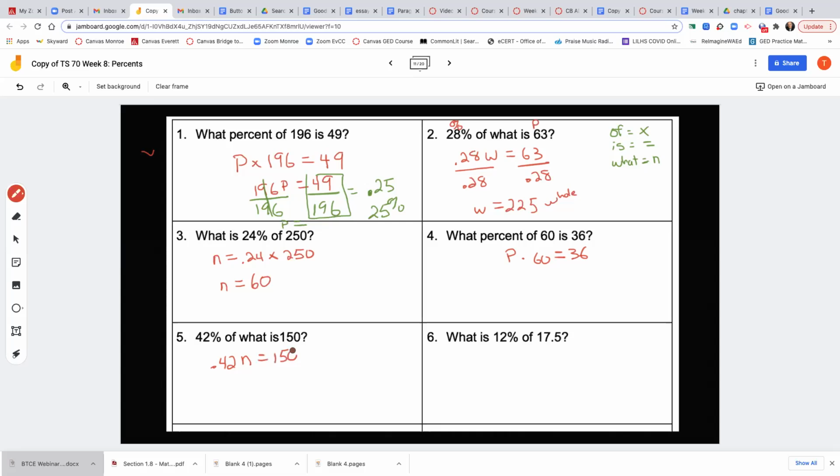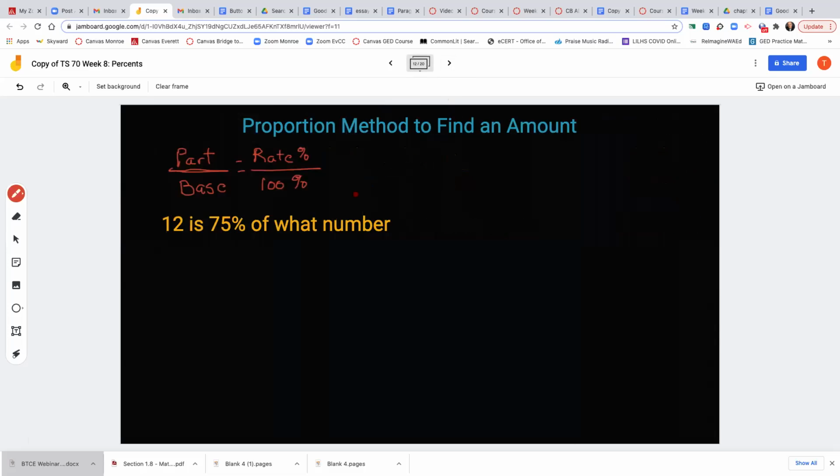This just comes together for me just kind of quickly. It's just easier to see that. What is my N? Remember that word what? Is 0.12 times 17.5, okay? And we just do the math. All right, math can be fun.